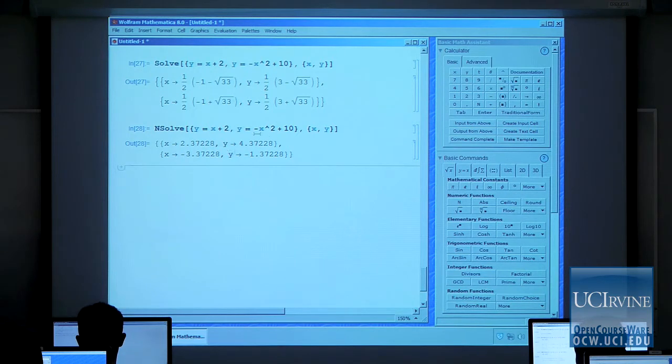Now let's see what this means graphically. Let's plot x plus 2 and minus x squared plus 10. So I need a curly bracket. And we'll do this over values of x that span our two solutions. So let's say x goes from minus 4 to 4.